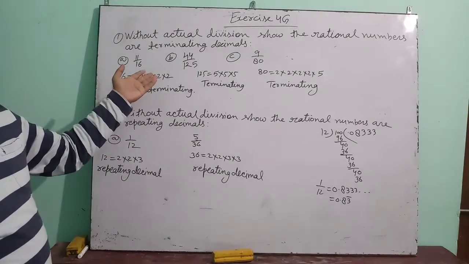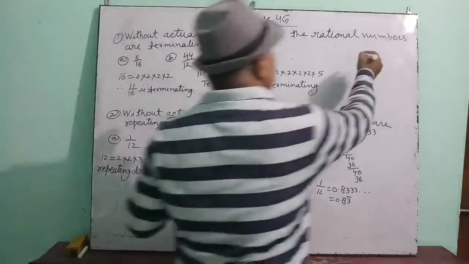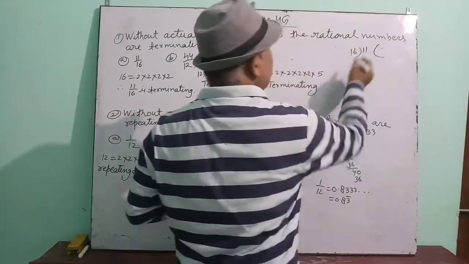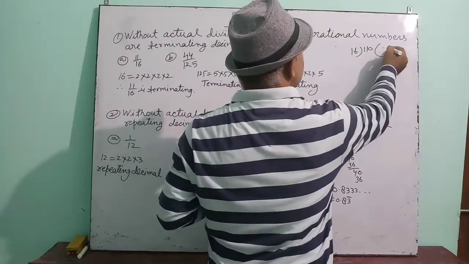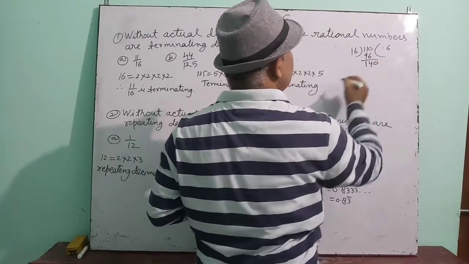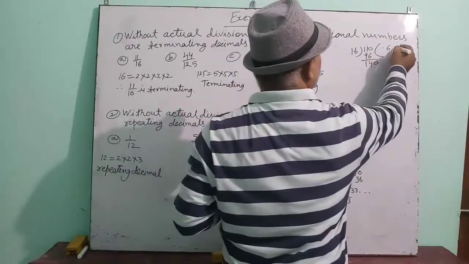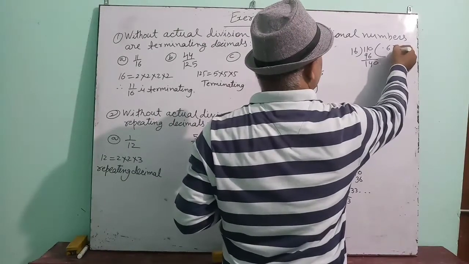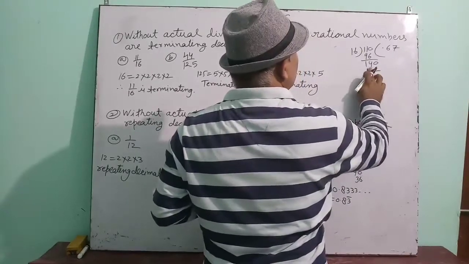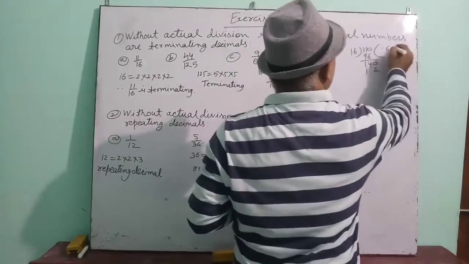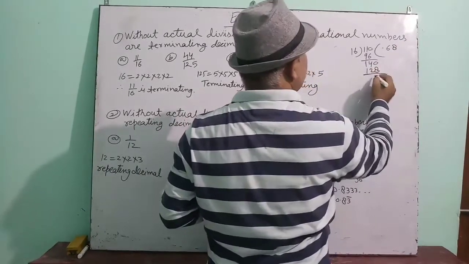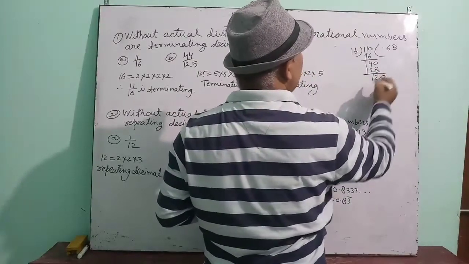Similarly here, by dividing very easily you can check. See the first one. If 11 is divided by 16, then by putting the decimal, increase 0. 16 into 6, 96. 14, again we will put the 0. 16 into 7. 16 into 8 we can take. 16 into 8, 128. 12, again 0.